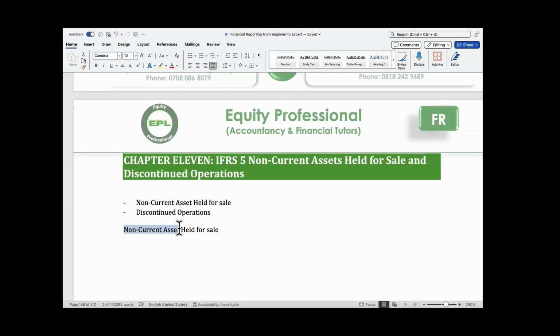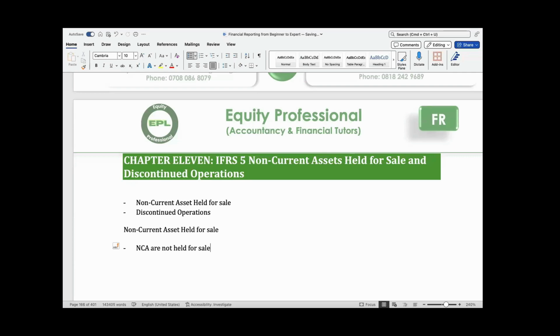This means that, first, non-current assets in their nature are not held for sale. Non-current assets are supposed to be used within the entity for many years. In their nature, according to IAS 1, you are not supposed to hold them for sale.